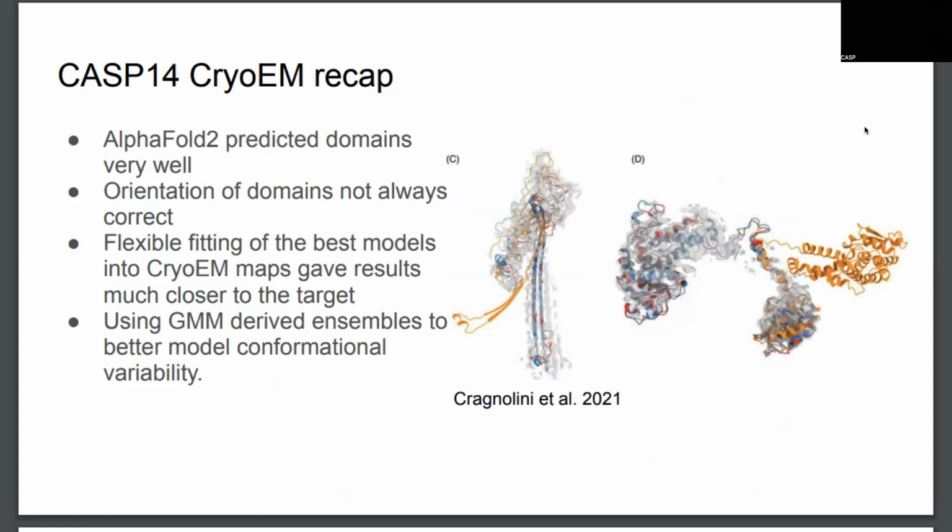And Tristan Cragnolini, who used to be in the group, did a lot of the assessment last year and developed some really cool Gaussian mixture models for deriving ensembles to better assess structures in low resolution maps. So using these Gaussian mixture models, you could actually produce a small set of structures which actually better reflect the data.